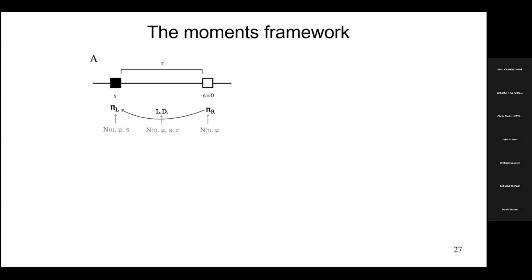On the right, this locus is neutral, so it's not affected by S directly. It's affected by N of T and mu, of course, but it's also affected due to linkage disequilibrium, LD, together with the left one. This LD is also affected by, for example, N of T, mu, S, and also the recombination.